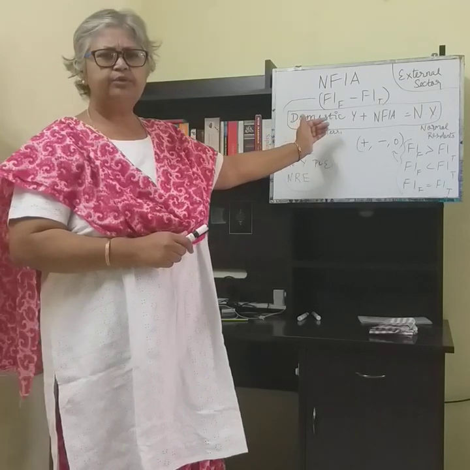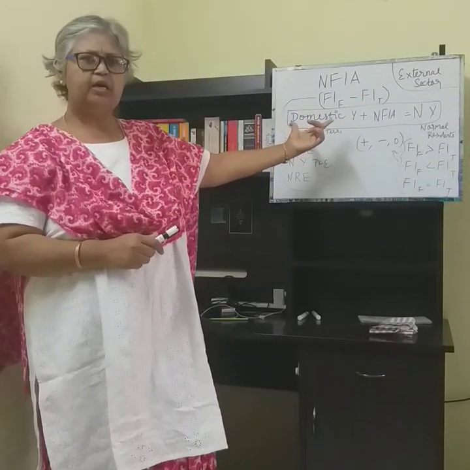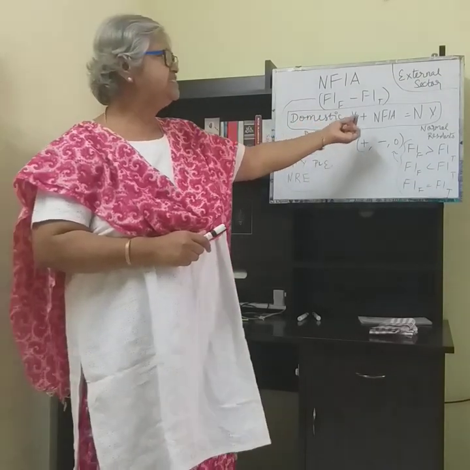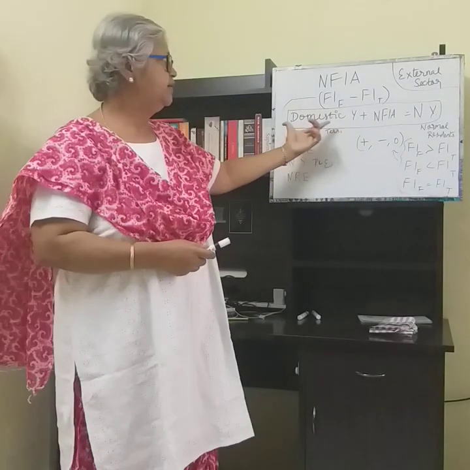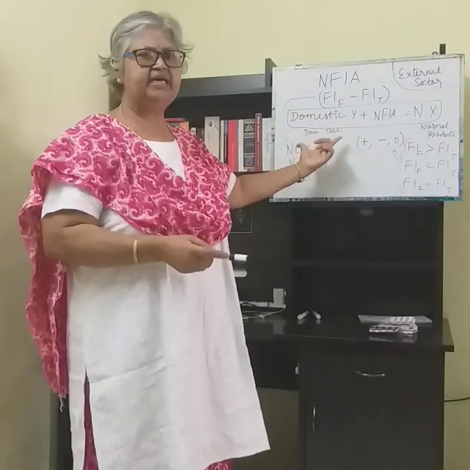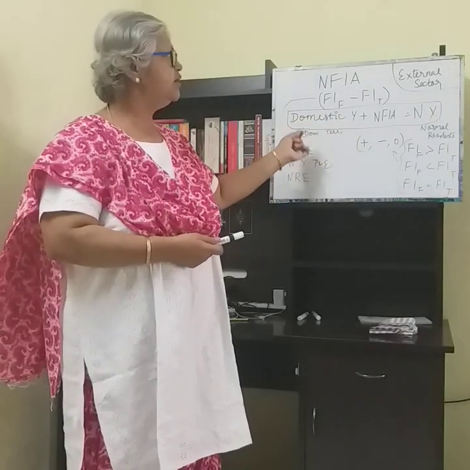So moving back to the concept of domestic income and national income. Domestic income plus NFIA will give you the national income. What does that mean? Domestic income is the income that is made from within the domestic territory by the normal residents.